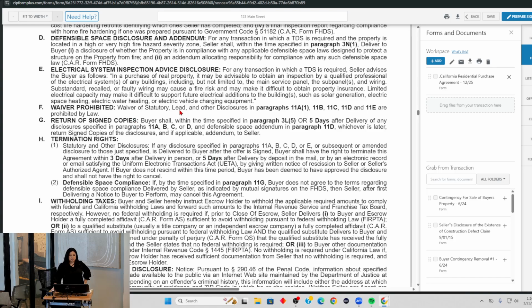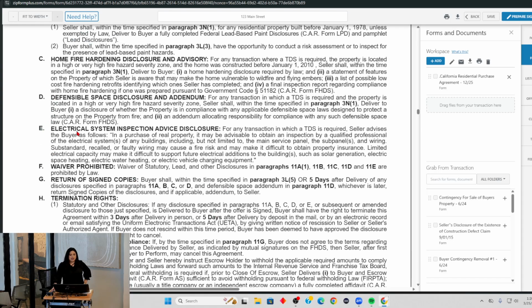Right here, letter E. Electrical system inspection advice disclosure. So for any transaction in which TDS is required, seller advises the buyer as follows. In the purchase of real property, it may be advisable to obtain an inspection by a qualified professional of electrical systems of any buildings, including but not limited to the main service panel, that right there.